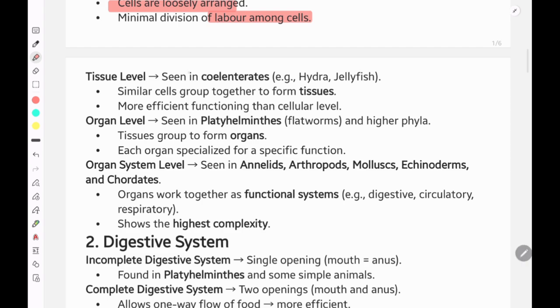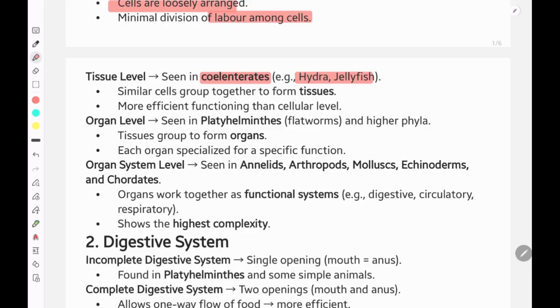Then there is the tissue level, in coelenterates. For example, hydra and jellyfish. We have heard the term hydra in our previous classes on asexual reproduction, especially budding. It is an animal of tissue level organization.